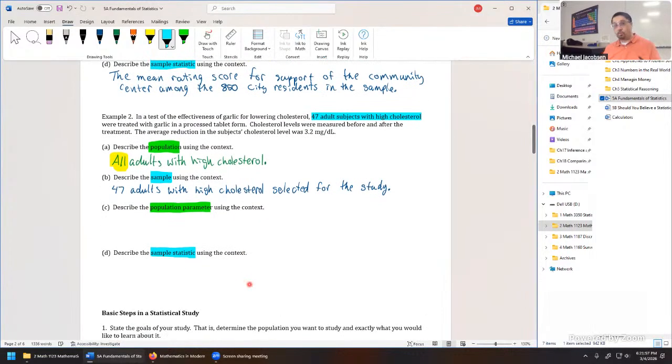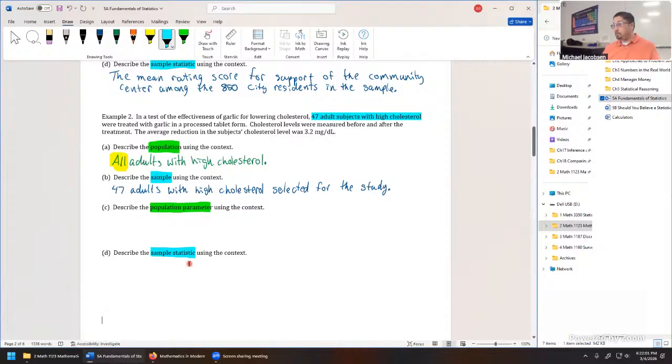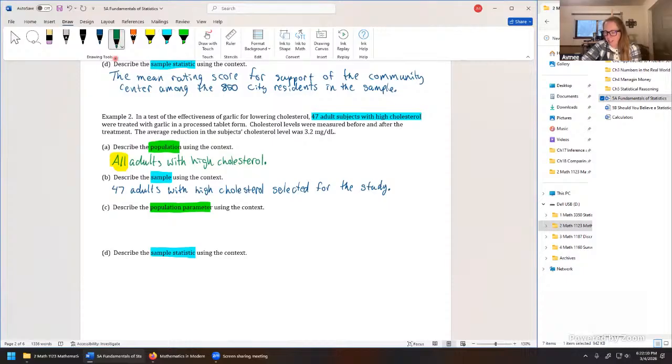Any volunteers for what either value should be, either the parameters or the sample, described just with ordinary words using context? The parameter would be the mean effectiveness of the garlic for lowering cholesterol among all adults with high cholesterol. Yeah, exactly.